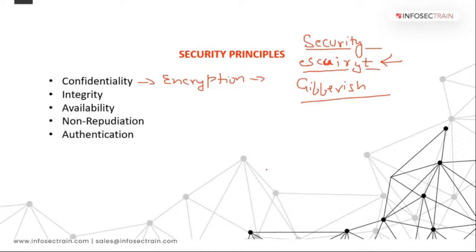What can happen? Let's say I have this encrypted data, so I will write ESC. This is the data that is encrypted. Now, what happens, guys? What if there is an attacker sitting, and he got this data? He is unable to read or understand this data, but what he can do is change this data.